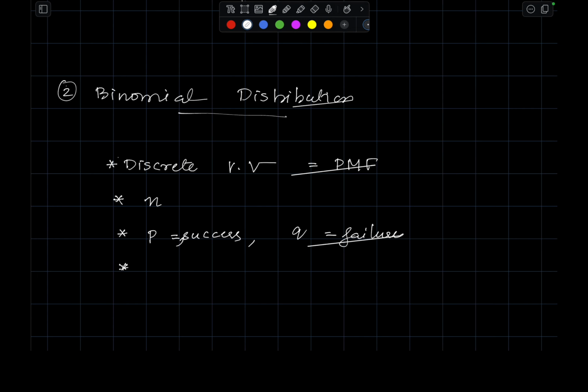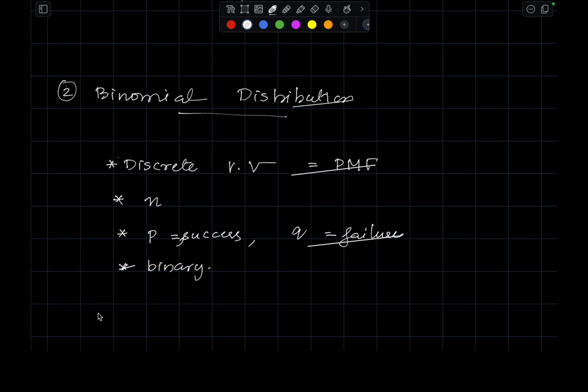Here also every output is binary in nature. As I said, the example which we can take is tossing a coin n number of times. Let's say we are tossing a coin 10 times. That is the simplest example which we can take.